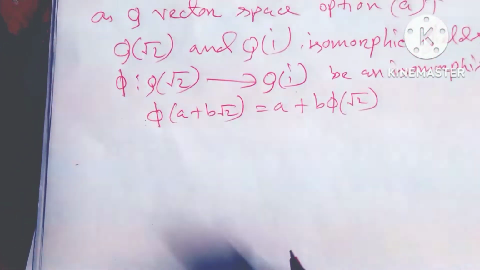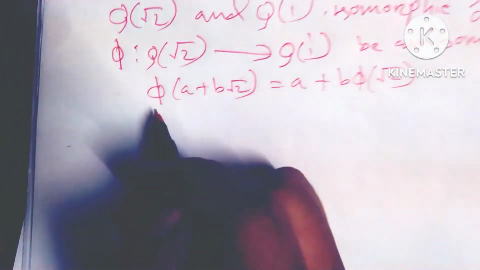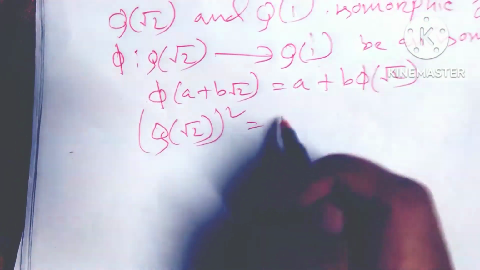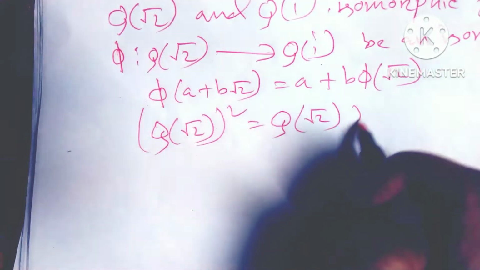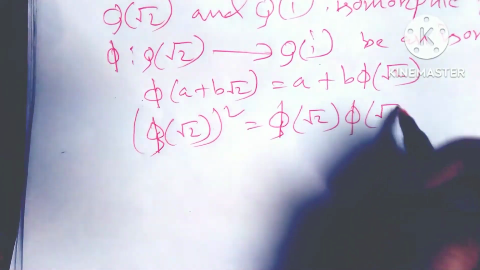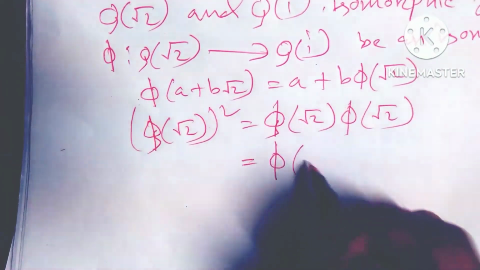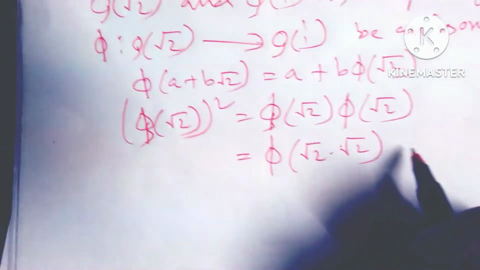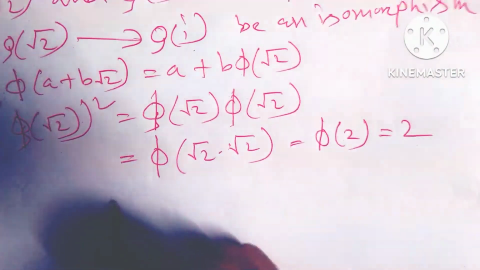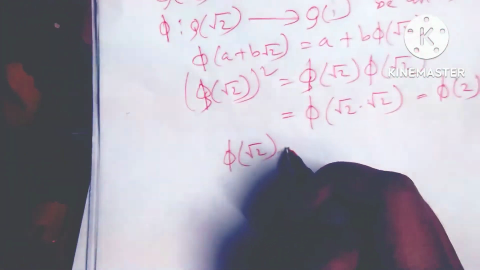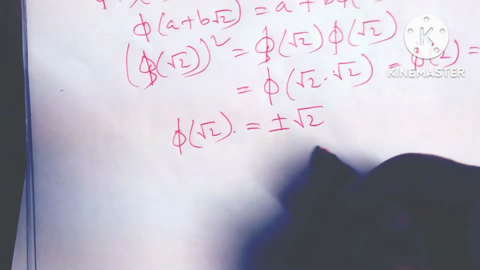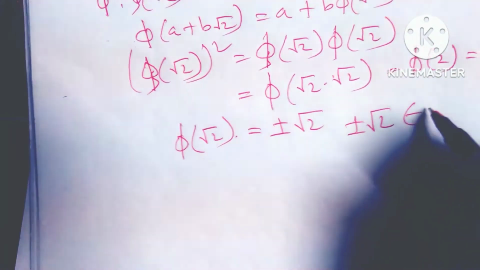Using the fact that phi acts as identity on Q, phi(root 2) whole square is equal to phi(root 2) into phi(root 2), and as a homomorphism it can be written as phi(root 2 into root 2), so it is phi(2) equals 2. So phi(root 2) equals plus minus root 2. But plus minus root 2 does not belong to Q(i).